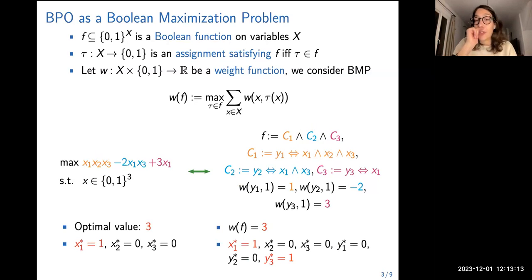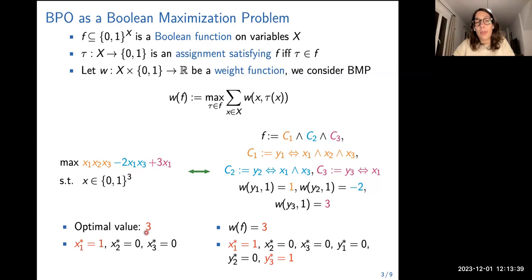Now, even by inspection, we can see that indeed the optimal value of our problem is exactly the same as the value of this weighted Boolean function. In fact, since we're maximizing, we want x1 to be 1 in order to get this reward, but we would like to avoid incurring this penalty. So we would set x3 to 0. x2, we don't really care.